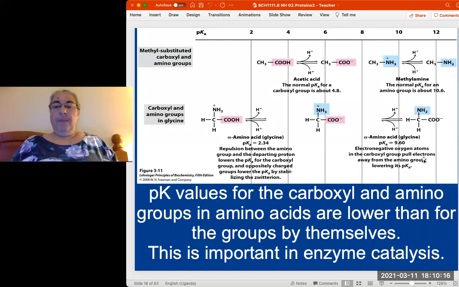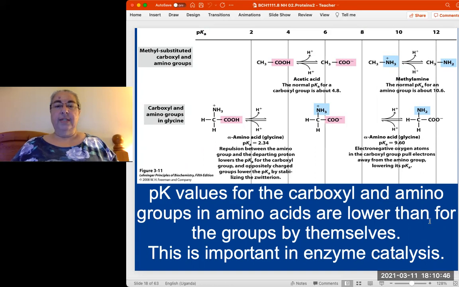So one important point, and one of the reasons why it's important to understand these pKs, is that they are very important for the action of amino acids when they are part of a protein, especially when they are part of an enzyme protein and are taking part in a catalytic reaction. You'll be looking at enzymes in much more detail later in this course.